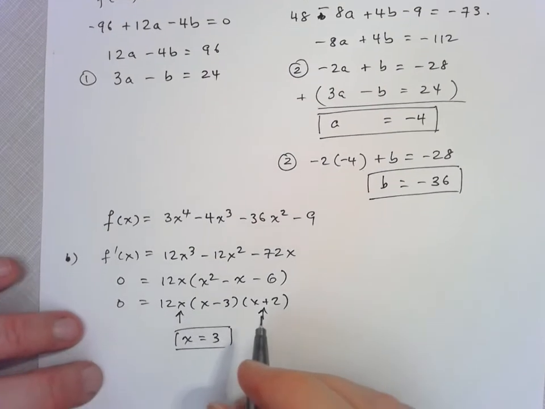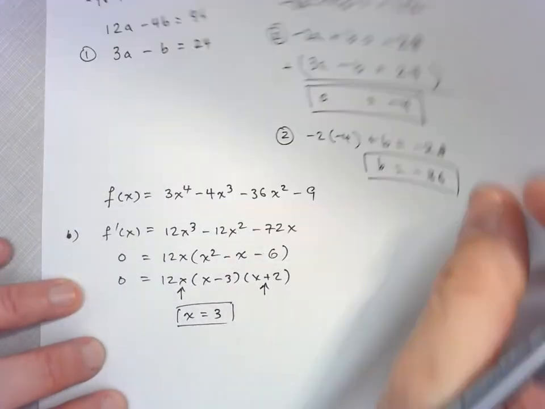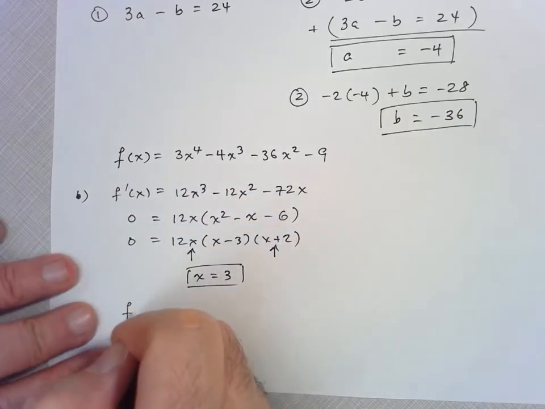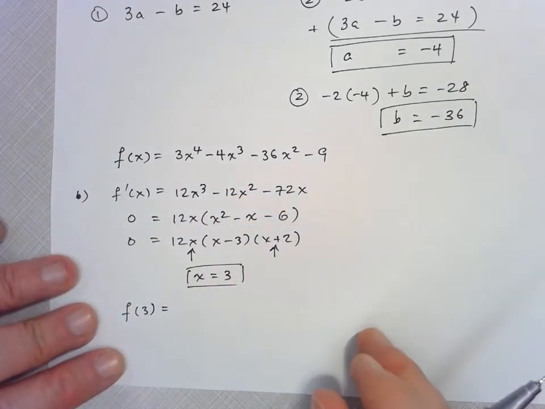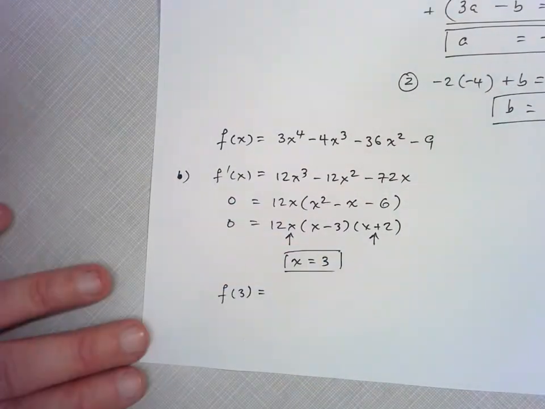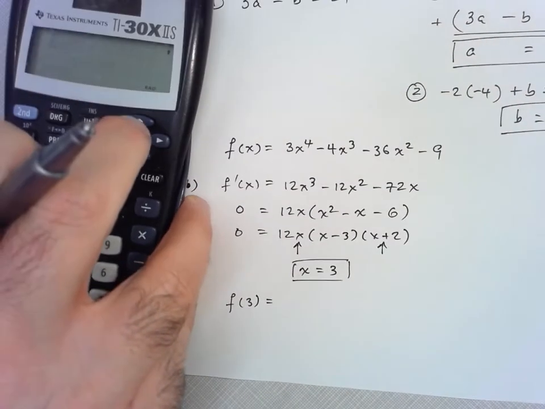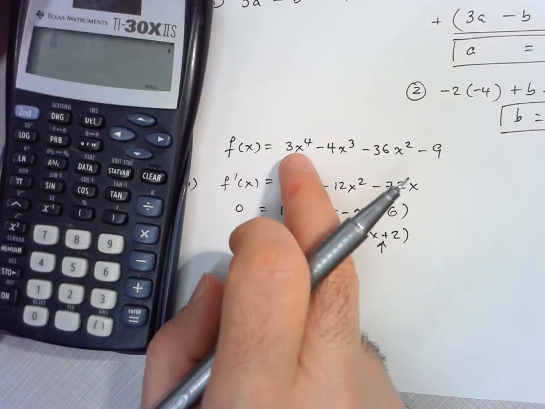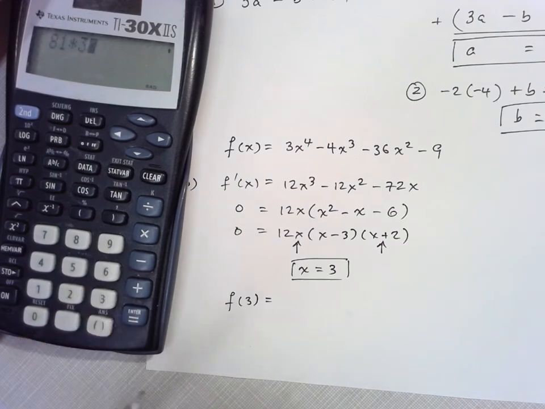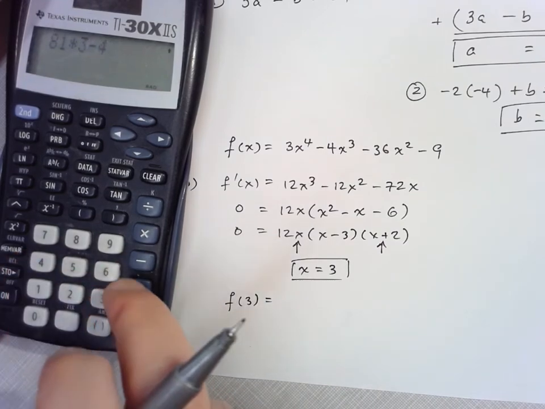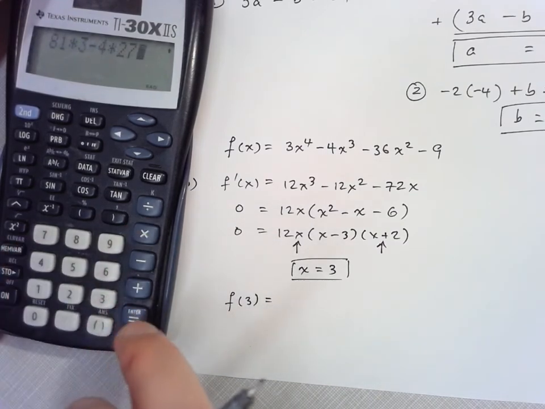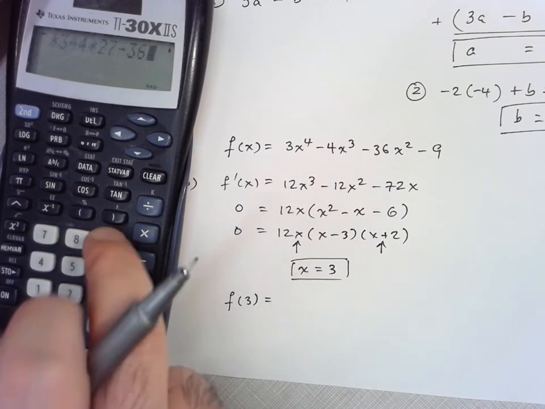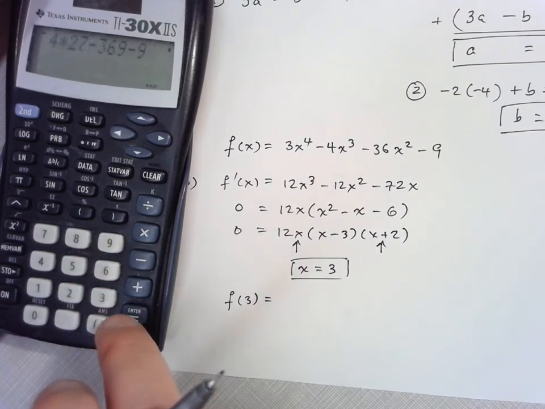But since they're asking us for the point at which there's a horizontal tangent, I'll have to stick this into the equation. So f at 3 is equal to, and again, I think I'll put this into the calculator just to be sure. So 3 to the 4th is 81 times 3, minus 4 times 3 cubed is 27, minus 36 times 3 squared is 9, and then minus 9.